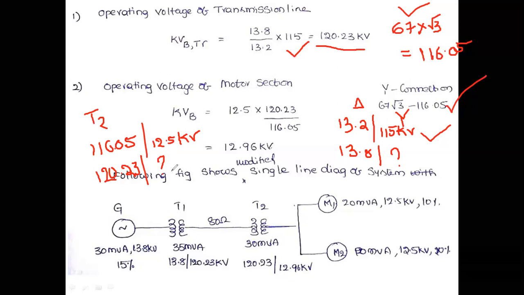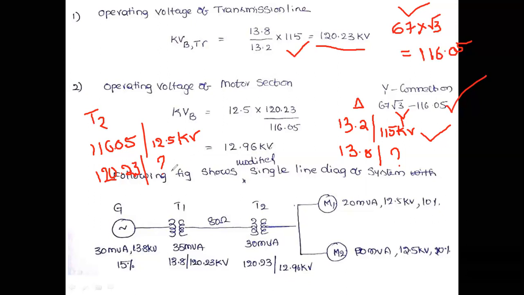For 116.05, the corresponding secondary voltage is given as 12.5, but for 120.23, what is the corresponding voltage? Definitely we must equate the secondary voltage of the first transformer to the primary voltage of the second transformer. We have determined that the total transmission line operating voltage is 120.23. That is the corresponding voltage produced by the first transformer based on the new base values.